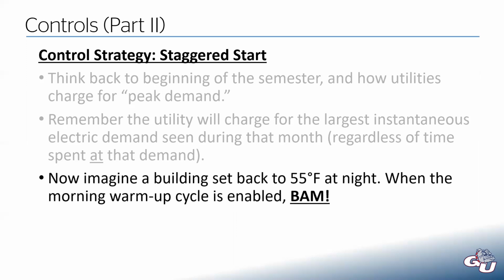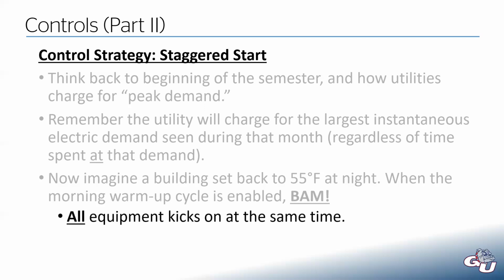Now let's say we set our building back to 55 degrees, so everything's kind of coasting. But then as soon as that morning warm-up cycle is enabled, we have this moment where everything kicks on at the exact same time. And often it kicks on at full capacity because we're trying to recover from that setback period.